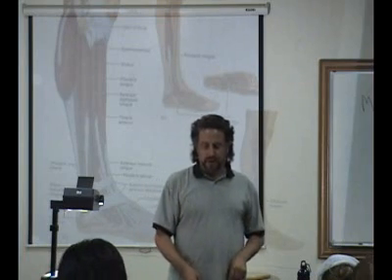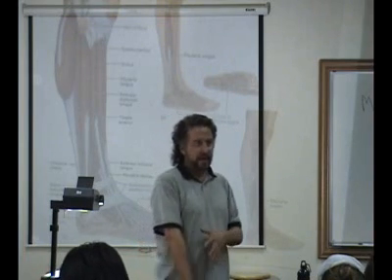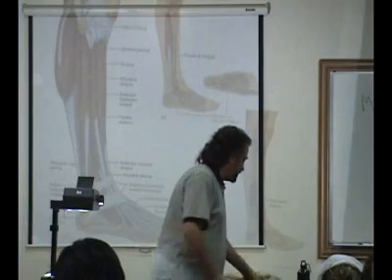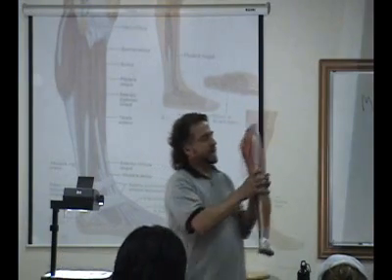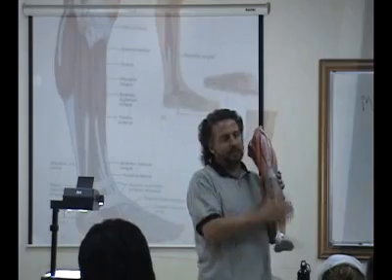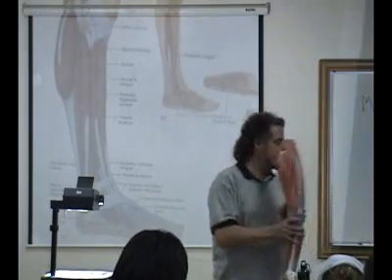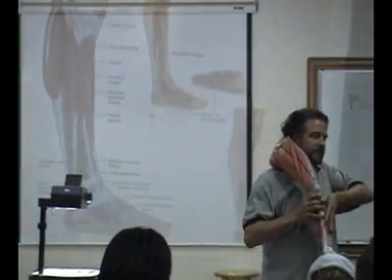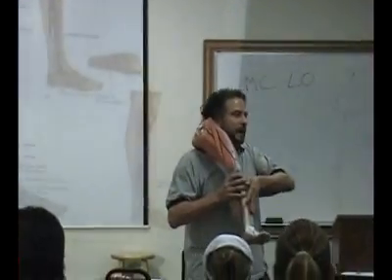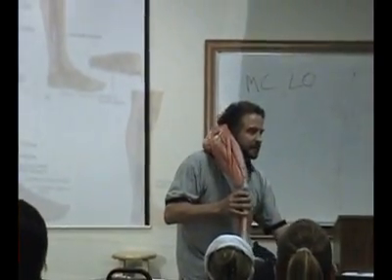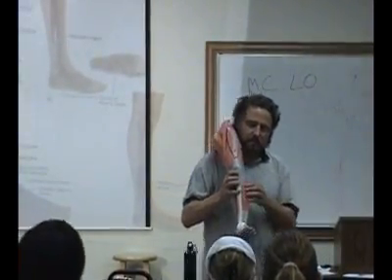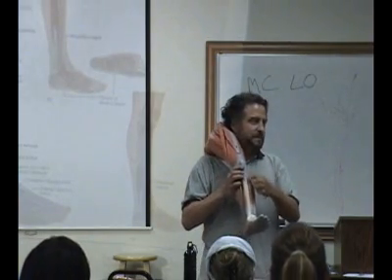So if we talk about the anterior compartment of the leg, it's going to be right here. If you put your hand on the anterior part of your lower leg and then bring your toes back up like that, feel those muscles contracting right here? They're a little bit lateral of center.